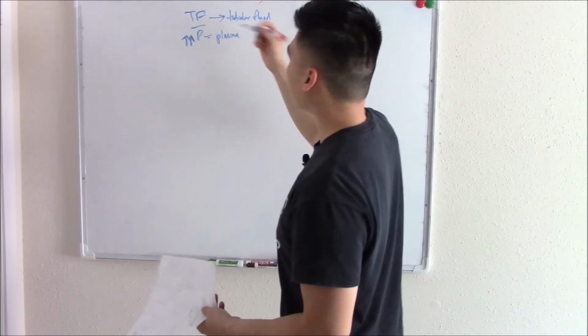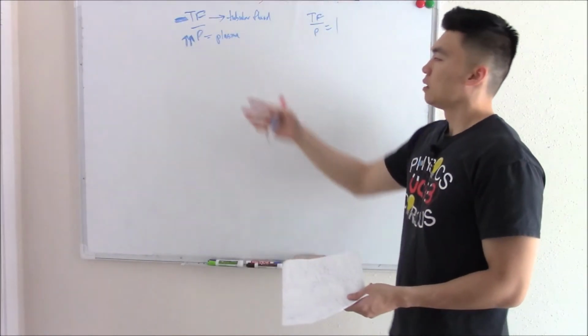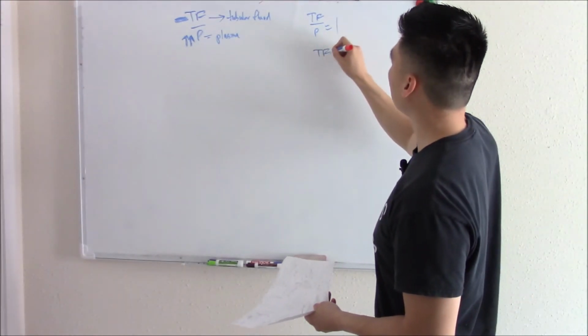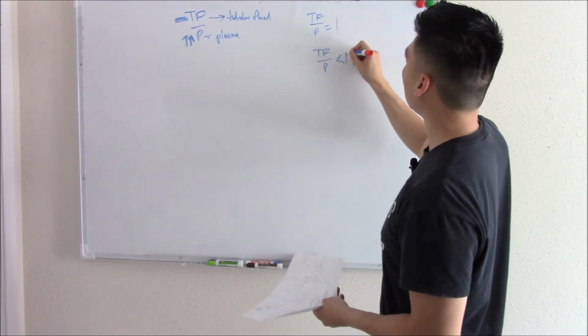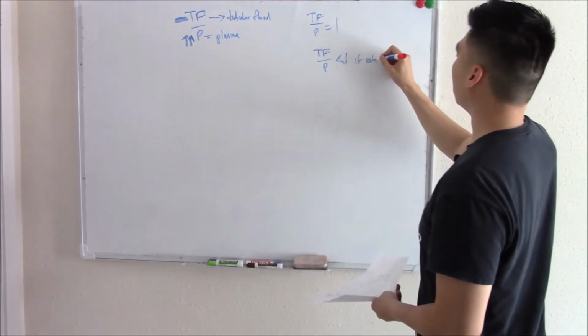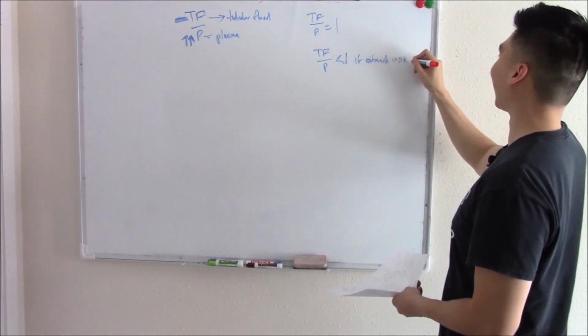And there'd be no more left in your nephron, in your tubular fluid. So mathematically, you have a giant denominator, and so that would mean TFP would be less than 1 if you reabsorb vigorously. I like the word vigorously.